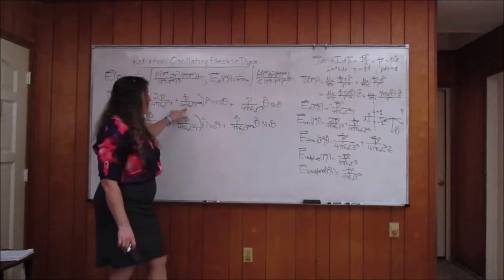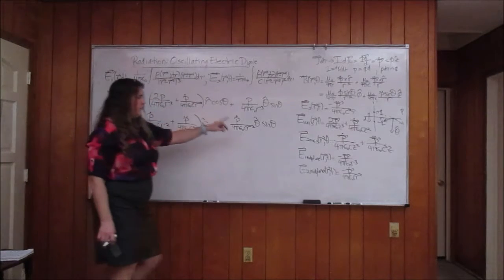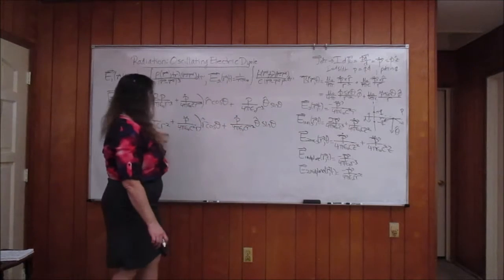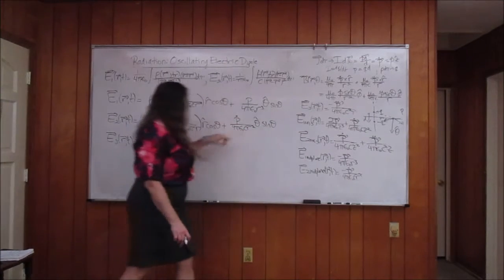Okay, so these are the two terms I derived from E1 axis, and this is from the midplane. This is E2 axis, and this is E2 midplane.